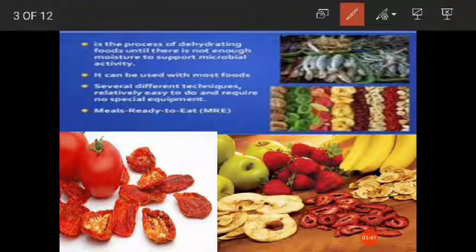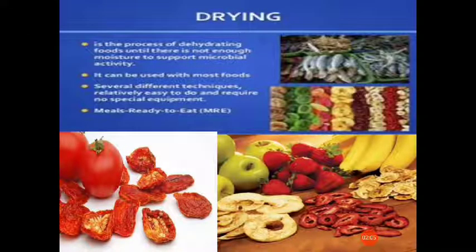You can see tomato, apple, strawberry, carrot, banana, and different fruits and vegetables and cereal grains like wheat, maize, oat, barley, etc. They all are being preserved by the method of drying.